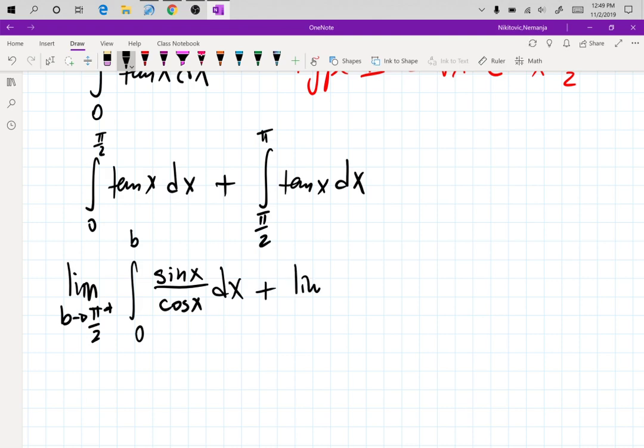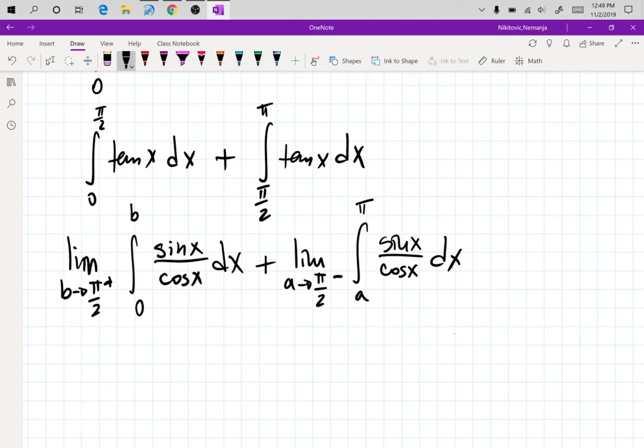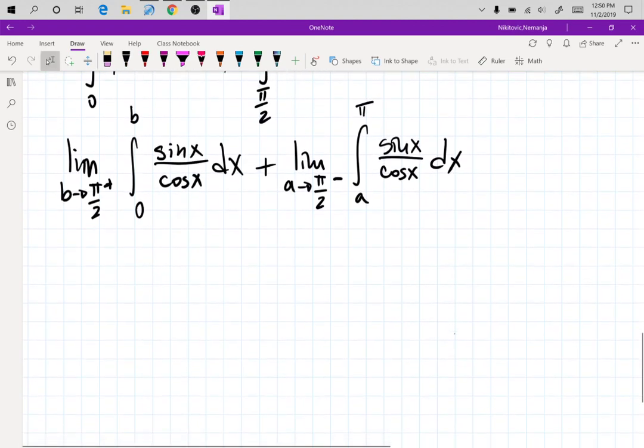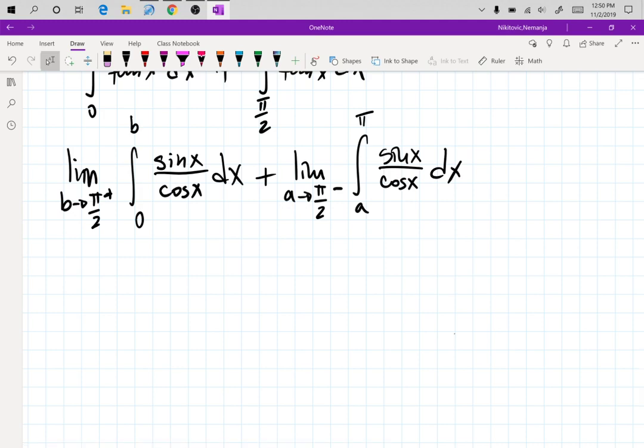It's not a basic integral, so if you don't know it, it's still okay to do these things. Plus, limit a goes to pi over 2 from the left, integral a to pi, and then we have, again, sine x over cosine x dx. So these are the two. And all I need to do now is integrate.